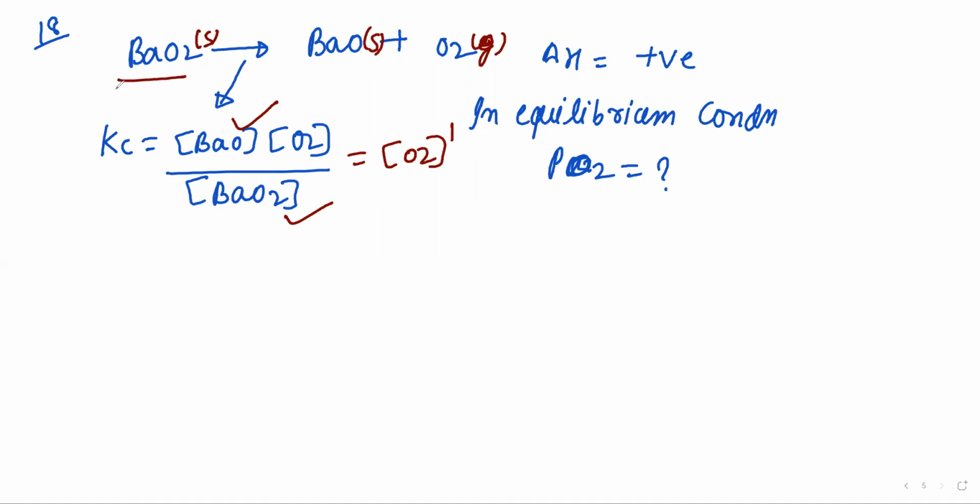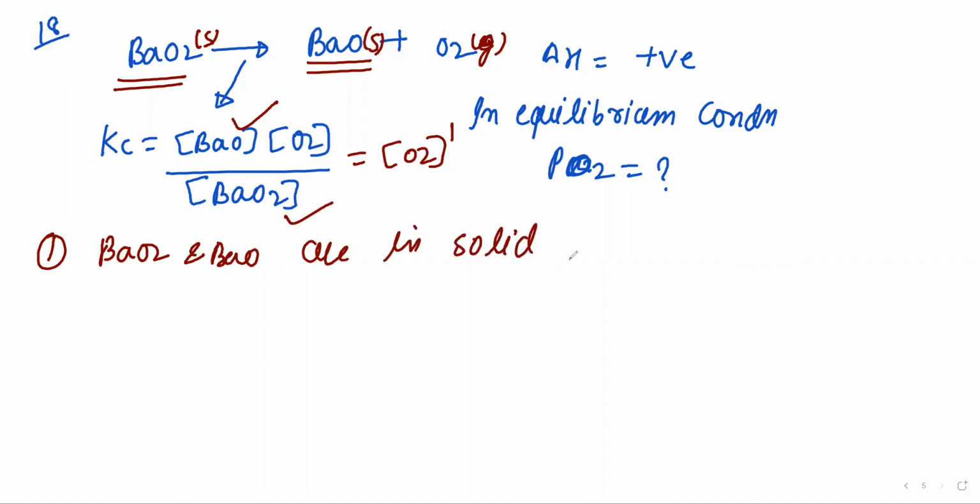So if you are changing the mass of this BaO2 and BaO, their value doesn't affect the equilibrium constant, right? So write the statement here. BaO2 and BaO are in solid state.